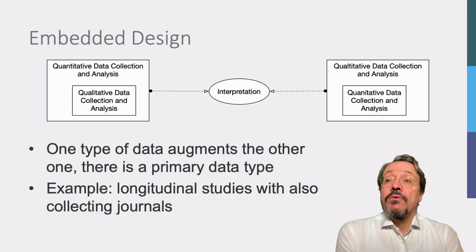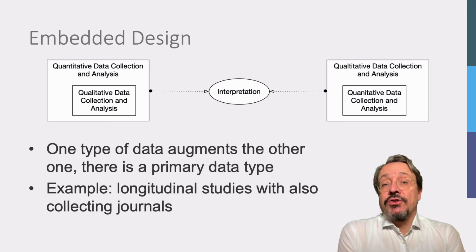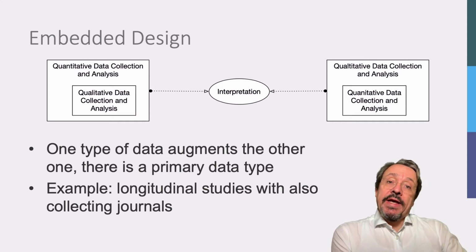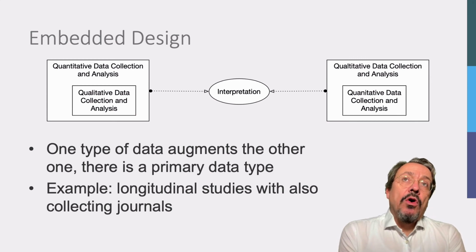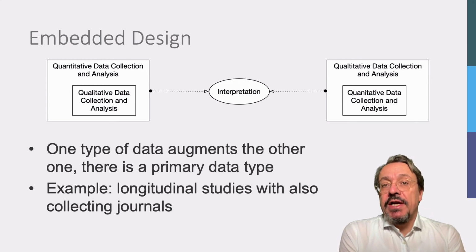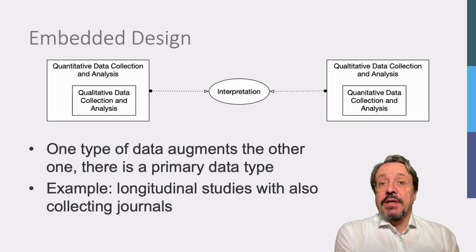Or you do it exactly the other way around: you do a qualitative data collection, and then to collect more data on a more long-term basis or over several iterations, you could ask them to do a kind of experience sampling and collect quantitative data on a mobile questionnaire, for example.